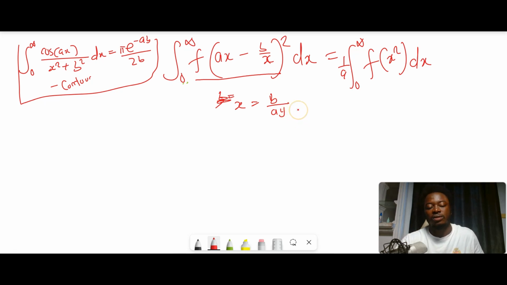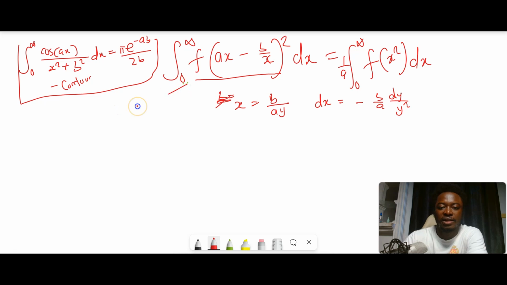If this is done, you would obtain that dx is going to be negative b over a dy over y squared. Now again, when x is 0, y is infinity, and when x is infinity, y should be 0.